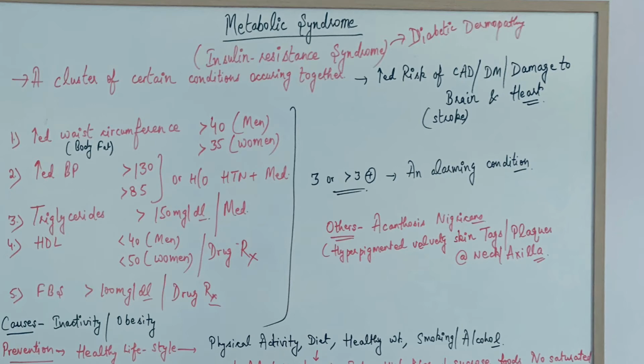The fourth one is HDL, high density lipoproteins, if it is less than 40 in men and less than 50 in women, or the patient is already on drugs. The fifth one is fasting blood sugar, if it is more than 100 mg per deciliter, or the patient is already on anti-diabetic medications, which can be either insulin or some oral anti-diabetic medications.